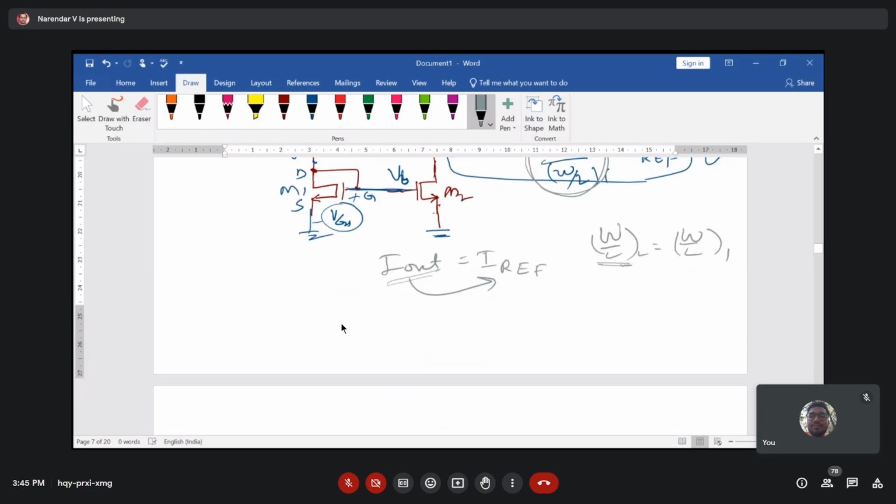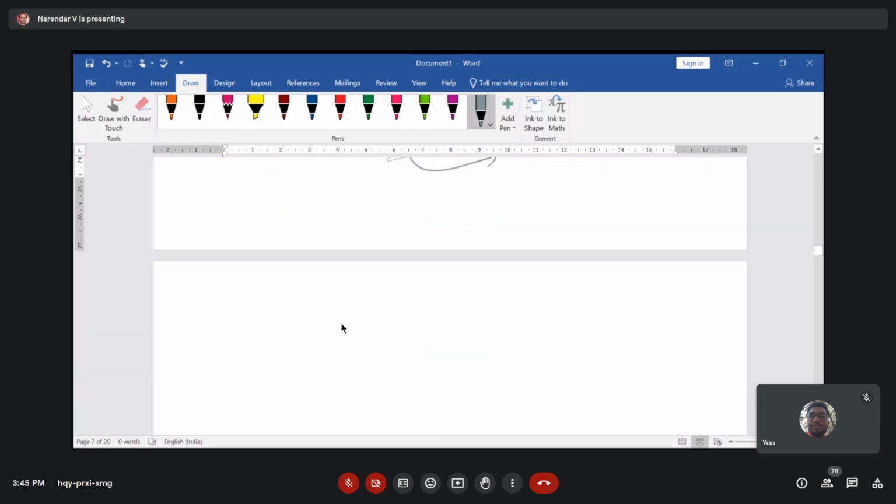Not only I out, you can also make the circuitry something like this. Let me construct a circuitry here. This is I reference. This is connected something like this, and then this is referred to as the I1 current. This is your M1 transistor and this is the M2 transistor.